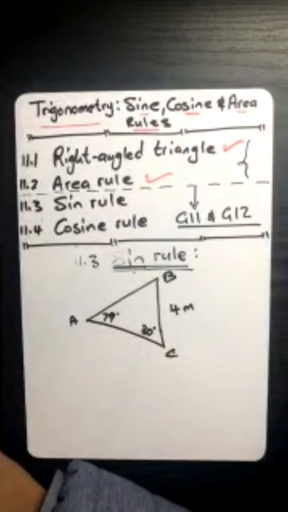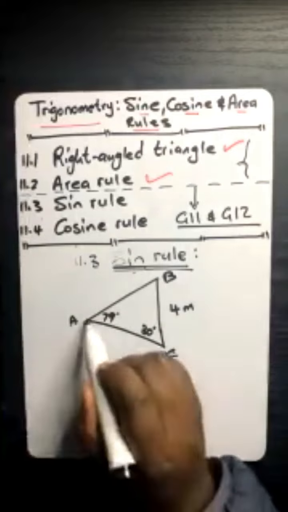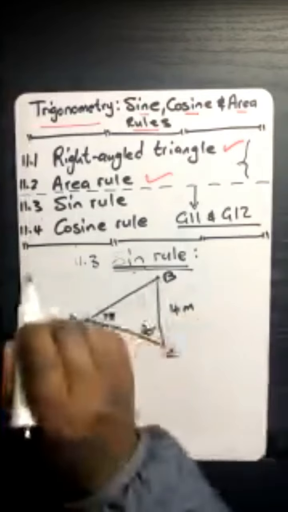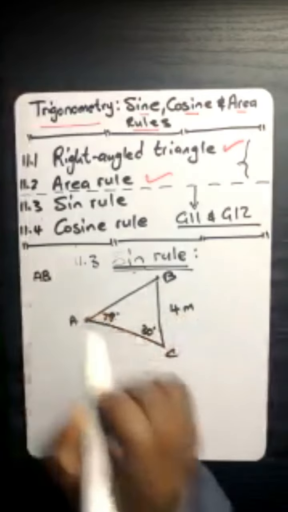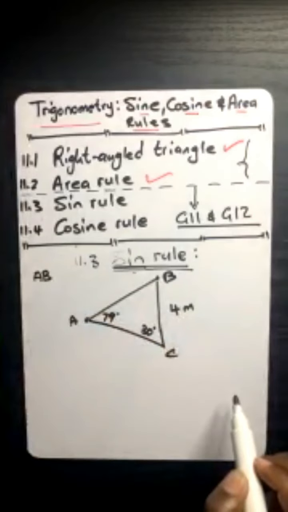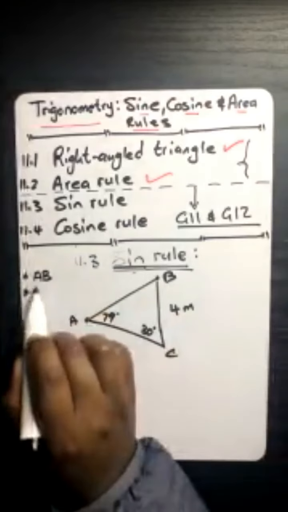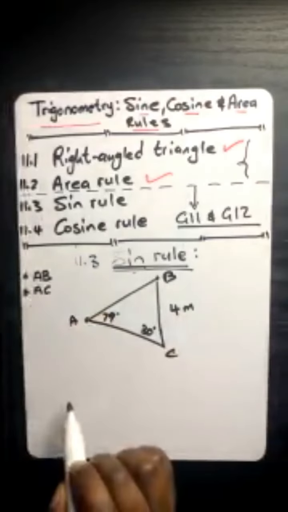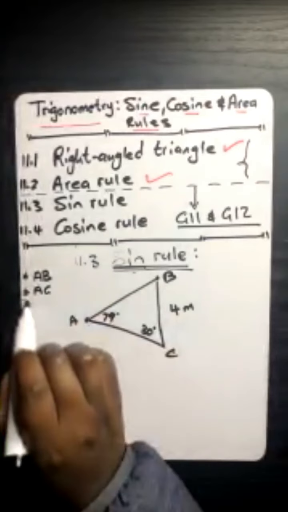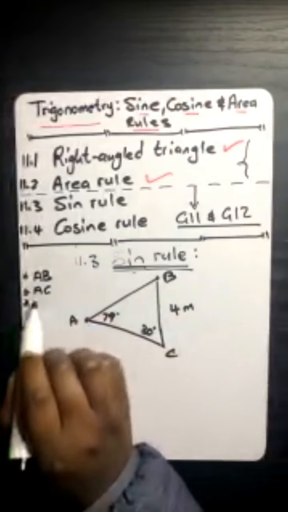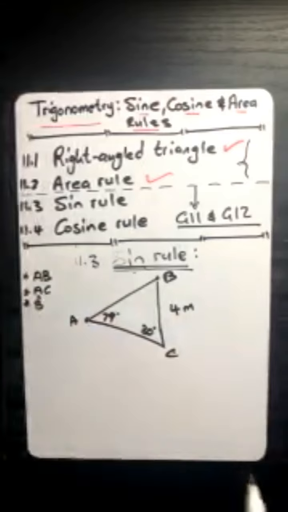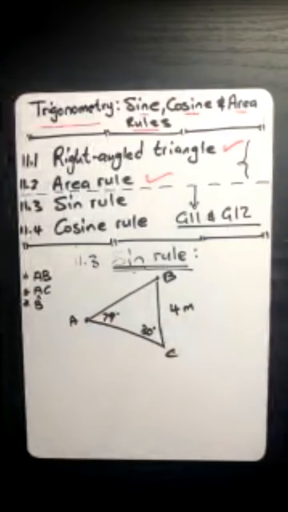And the question may say, calculate side AB, and also calculate side AC, and also calculate angle B.